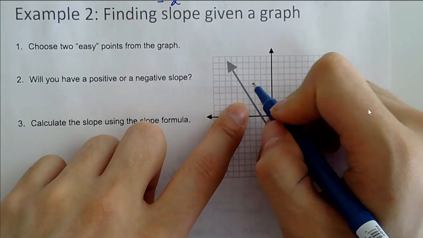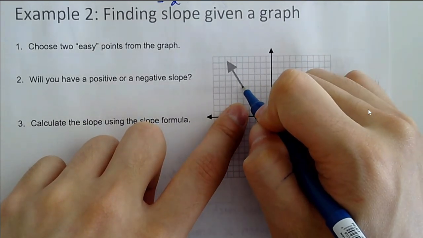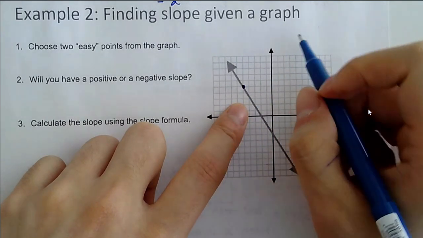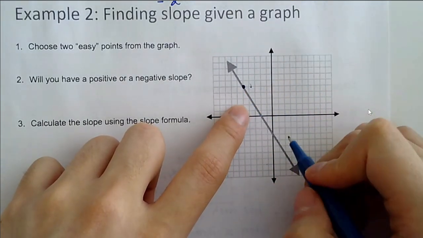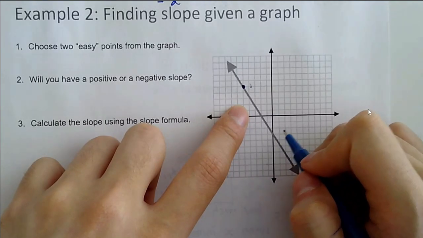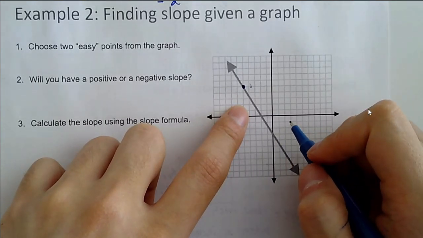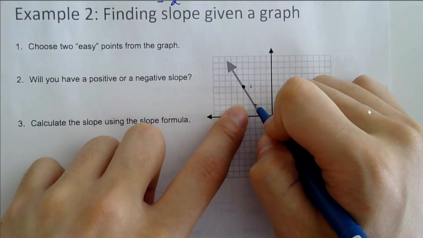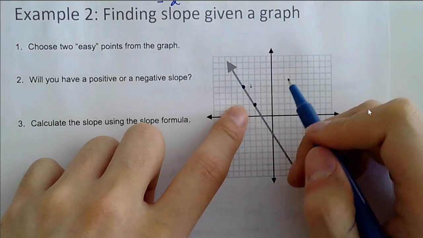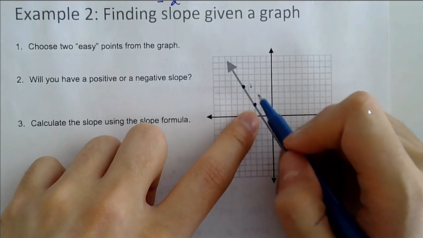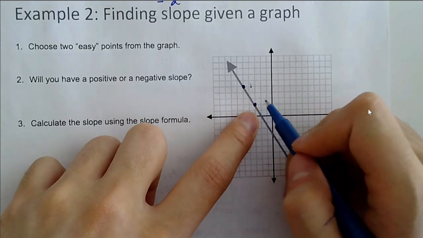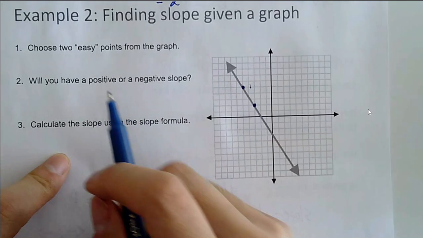So over here, I can see that this point is right on these smaller lines, and on the right, I can maybe choose this line over here, and that looks about right on the dot.